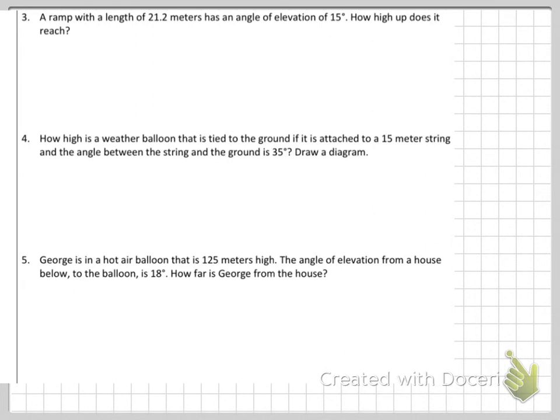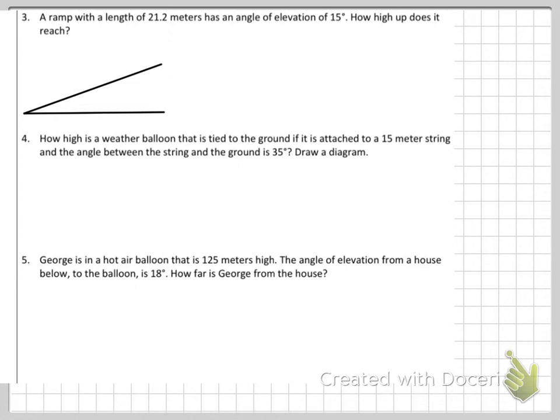A ramp with a length of... okay, so a ramp. A ramp normally goes up or down at a specific angle to the ground. It's got an angle of elevation. Okay, so here we go. Let's draw our picture. So here's the ground, and then our ramp is going to go up. Not sure how steep it's going to be.